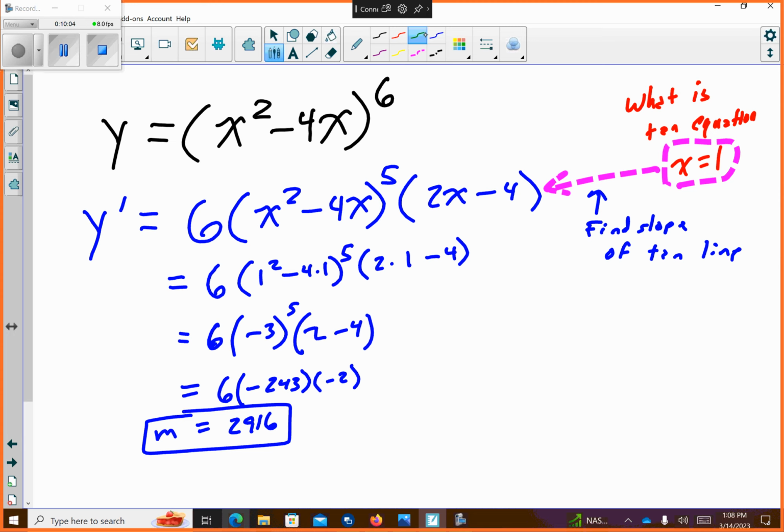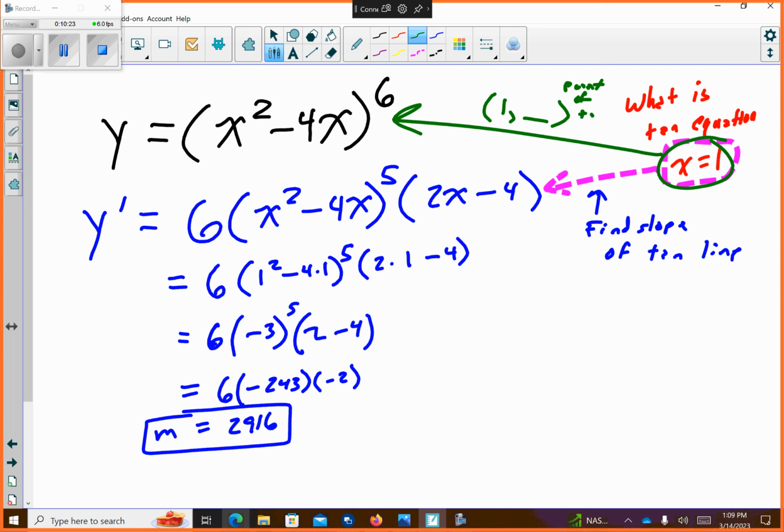All right, what happens if I take this 1 and I plug it into our original? What does that find me? Yeah, this is going to be 1 comma something. So this is going to find us the point of tangency.